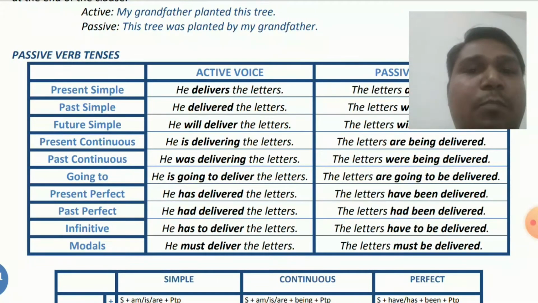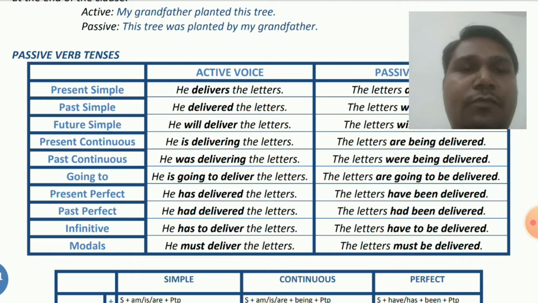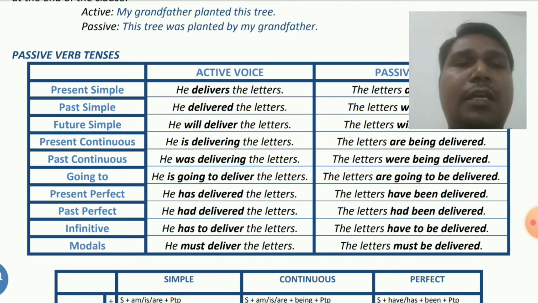The present perfect tense. The active voice sentence is: He has delivered the letters, and the passive voice is: The letters have been delivered by him. Here "the letters have been delivered" is used because the letters are plural, that's why "have" is used, not "has". Past perfect tense.